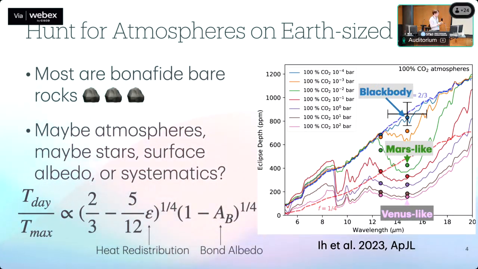Qiao introduced this earlier, but essentially this is the measured dayside temperature compared to what we would expect from a zero albedo black body, or maybe a bare rock. A value near 1 is pretty indicative that there's probably not an atmosphere, but its dependence on Bond albedo and heat redistribution implies that as you go down, the evidence for an atmosphere becomes more likely.